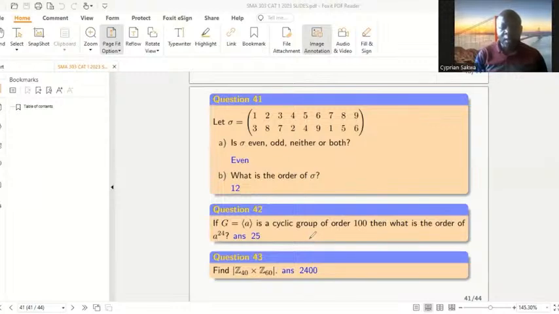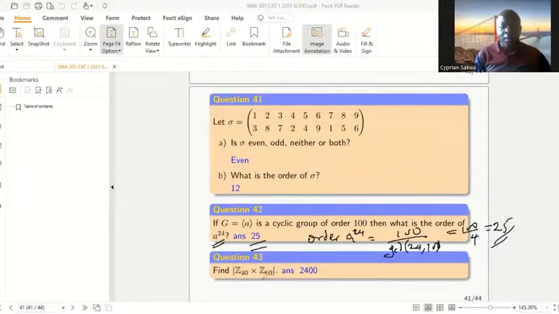As we had already said, the order of an element a raised to 4 would be the order of the group divided by the GCD of 100 and 4. That GCD is 4, so 100 over 4 is 25.